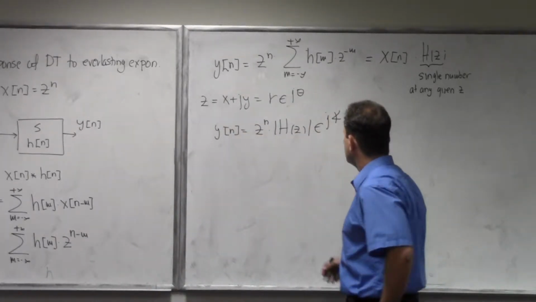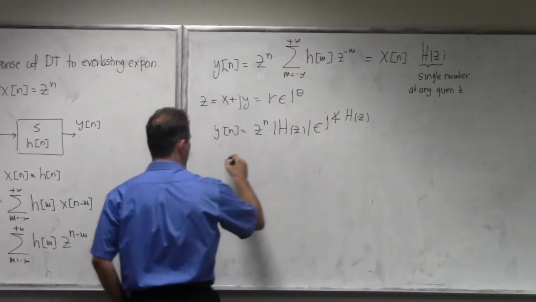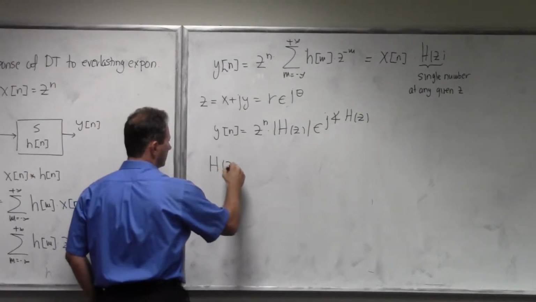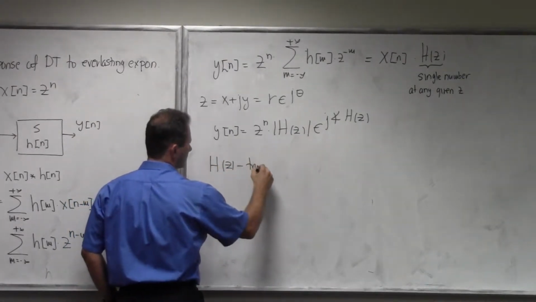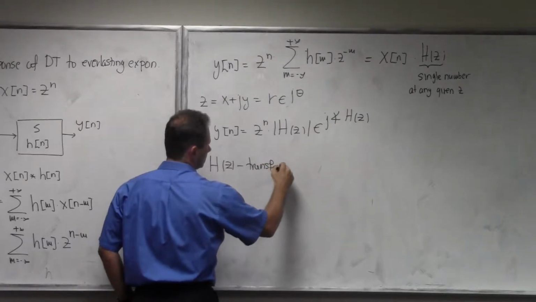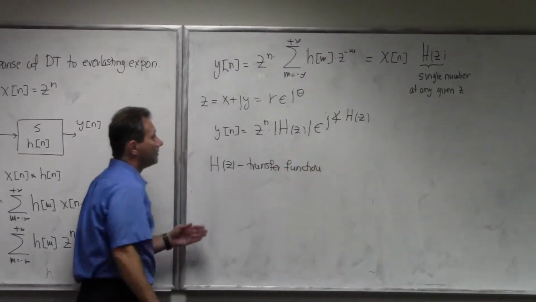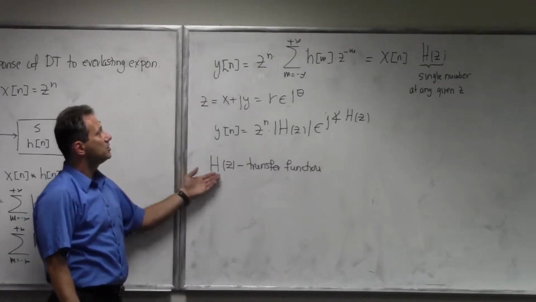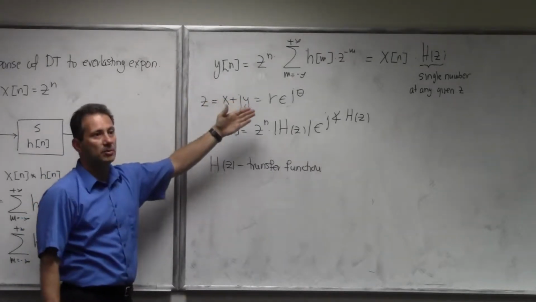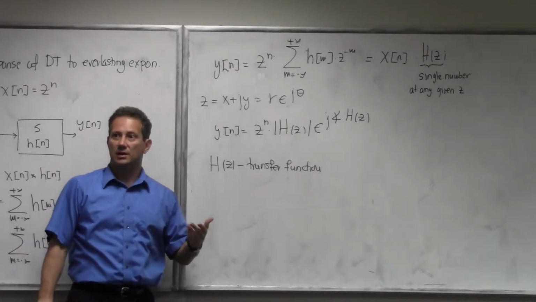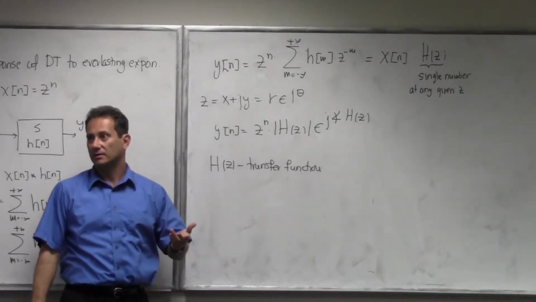So this function h of z, or this number h of z, is called the transfer function. And one way we can define it, it's the ratio of the output to the input when the input is x of n equals z to the n. Right?